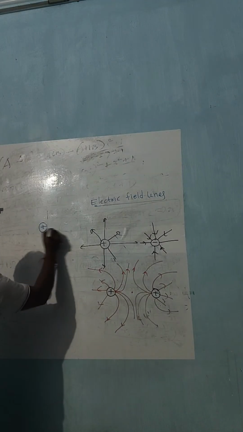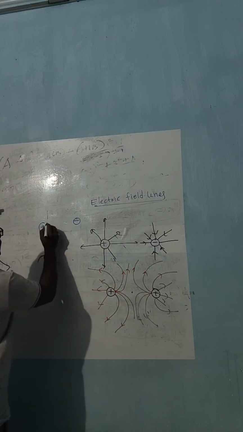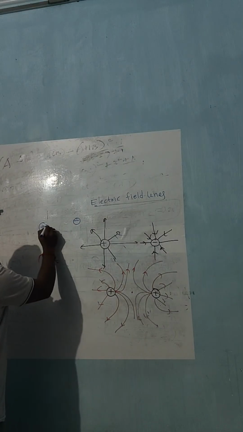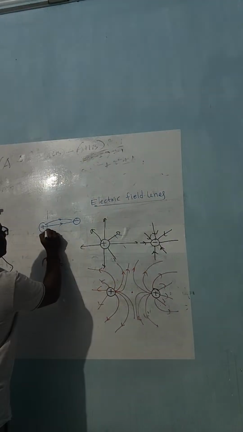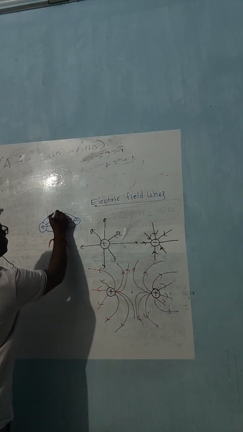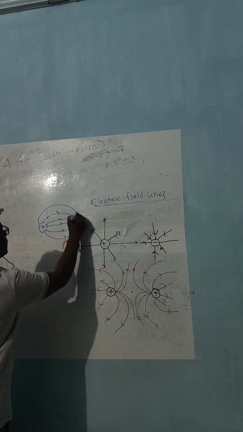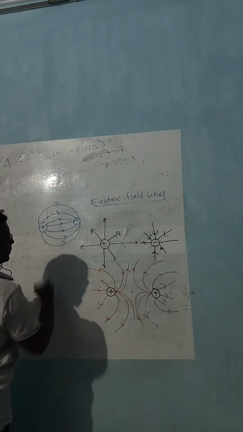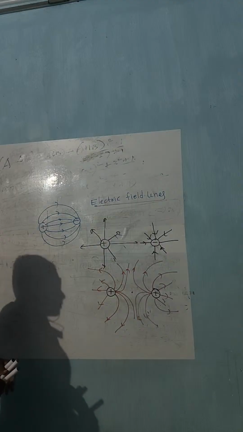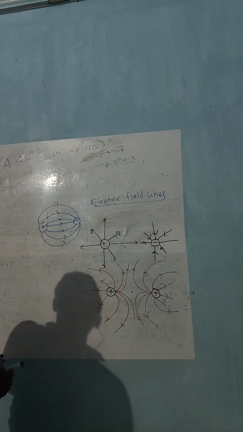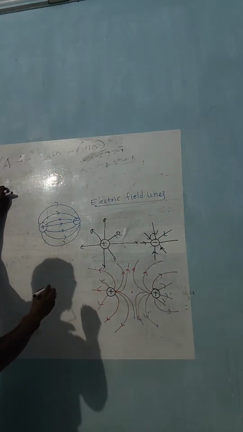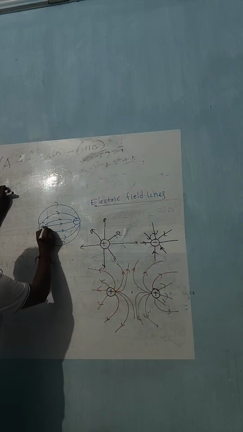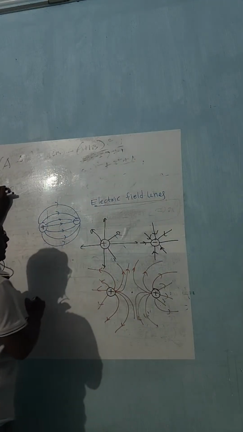And the next one is, if I take a positive charge and a negative charge, electric field lines start from the positive charge and end at the negative charge. So let us see here. This is the representation of the positive charge and the negative charge. Here you have to see the electric field lines start from positive and end at negative.